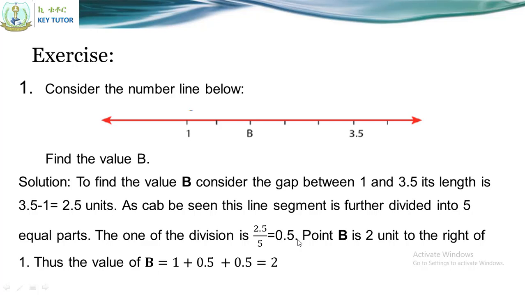So each subdivision gives me 0.5 units, and then p is 2 more units. You start with 1, you add 0.5 and another 0.5, which gives us 2. So the position of p is 2.